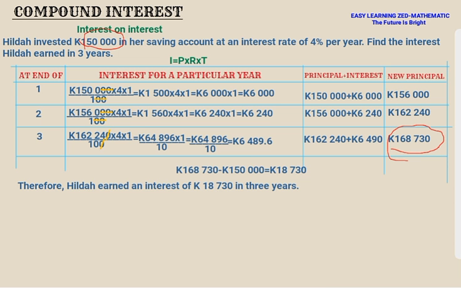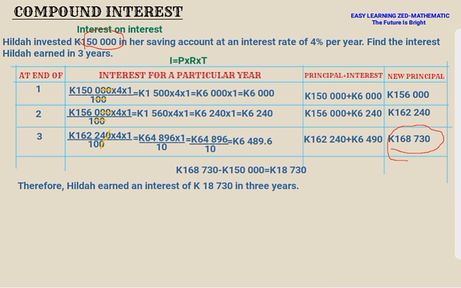So compound interest is good when you're investing, and it is bad when you're getting a loan, because it is a disadvantage to you when you get a loan which is calculated on compound interest. So if you find a loan given and they are telling you that they are using simple interest, go for it. It's better than the loan given where they calculate the interest using compound interest.